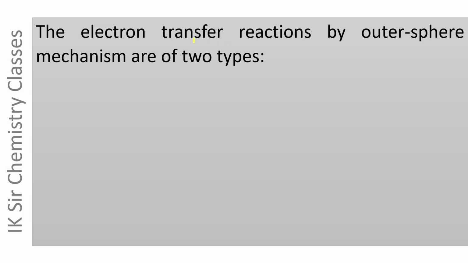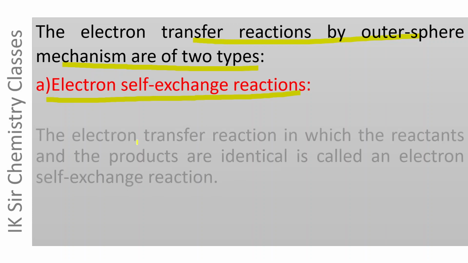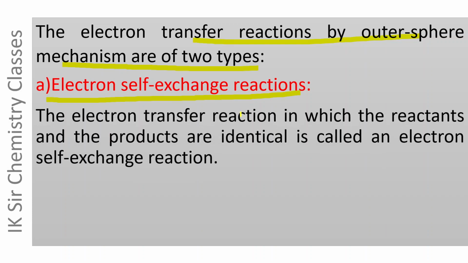But the electron transfer reactions by outer sphere mechanism are of two types. And the first one is electron self exchange reactions. The electron transfer reactions in which the reactants and the products are identical is called an electron self-exchange reaction.